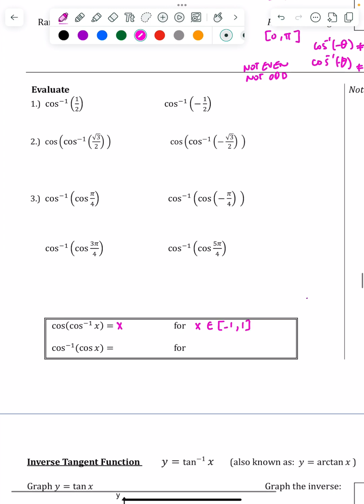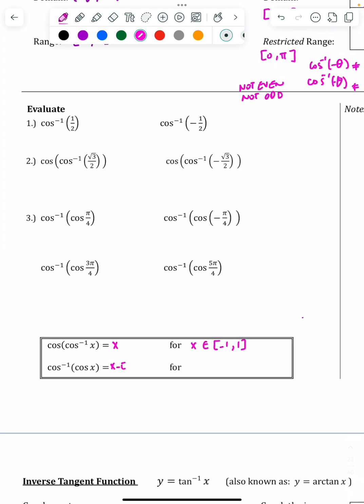And for cosine inverse of cosine, it's x for x between 0 and pi. With this said, anytime you see cosine of cosine inverse, the answer is just the value in the parentheses. Both of these are going to be just the value. Number 2 is square root of 3 over 2, and this will be negative square root of 3 over 2.